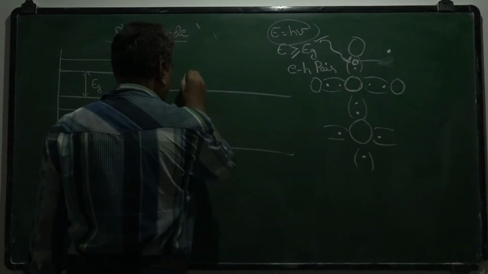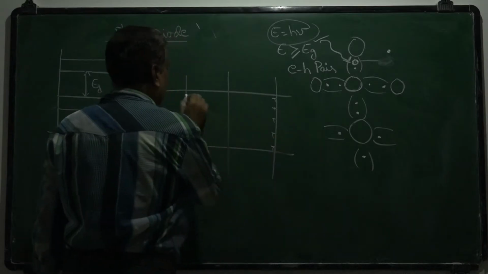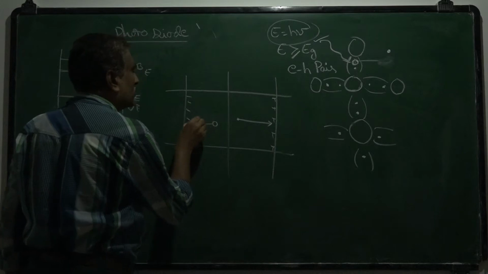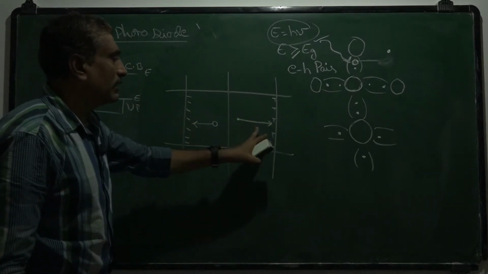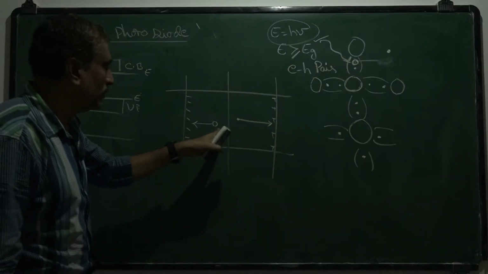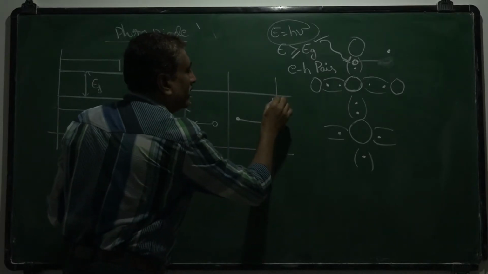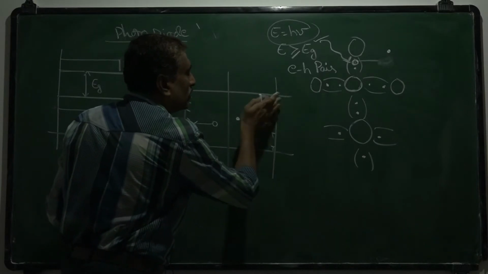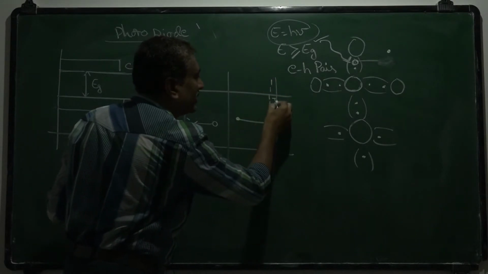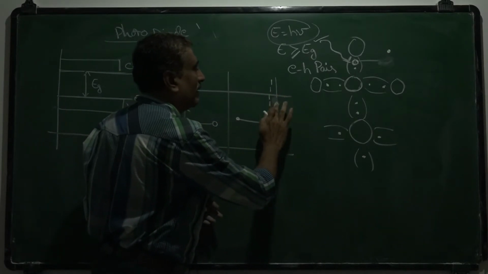Assume this is the depletion layer, this is the N side with plus signs, and this is the P side with minus signs. Because an electron is a negatively charged particle, it moves towards the positive terminal, and the hole moves towards the negative one. When the electron comes to this end, slowly the depletion layer width decreases, because as the electron reaches here, there is an excess of electrons there, so it becomes N-type material like this.